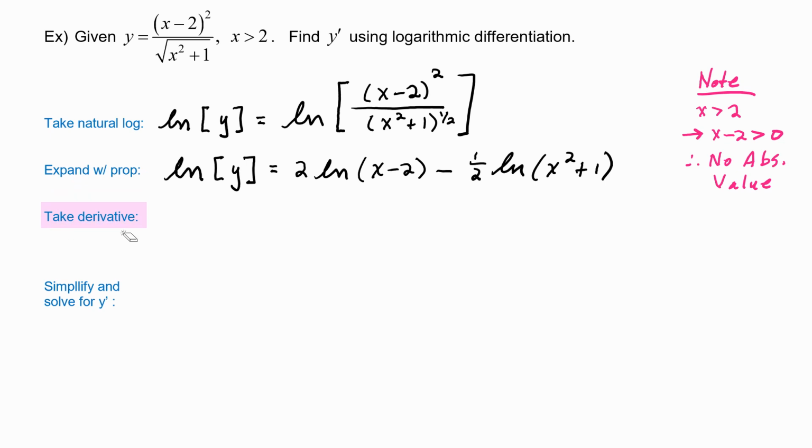Next step is to take the derivative of both sides. The derivative of natural log of y is going to be y prime over y.